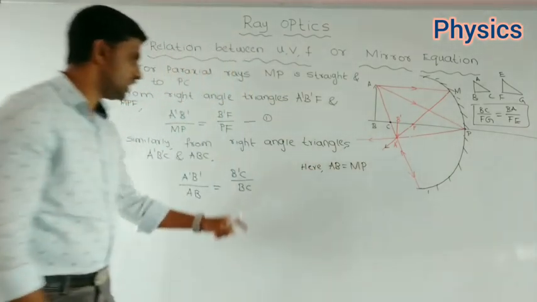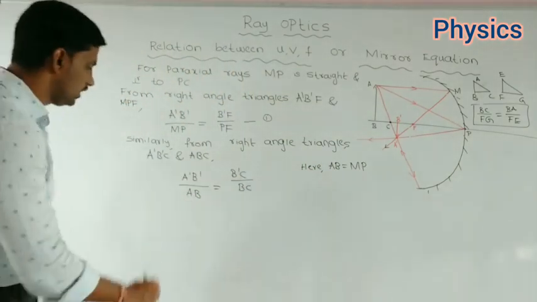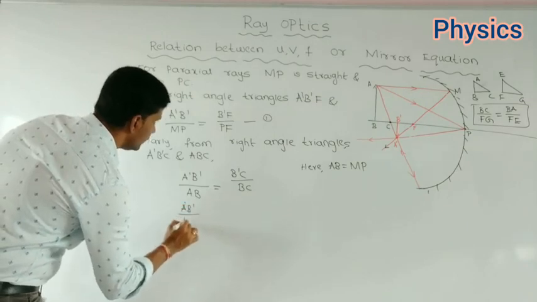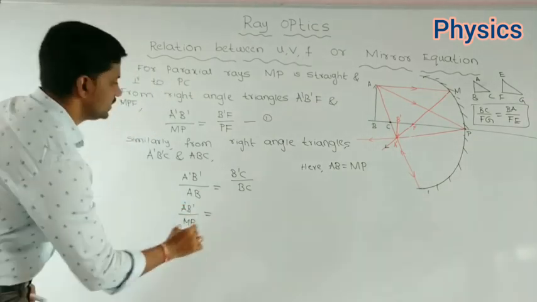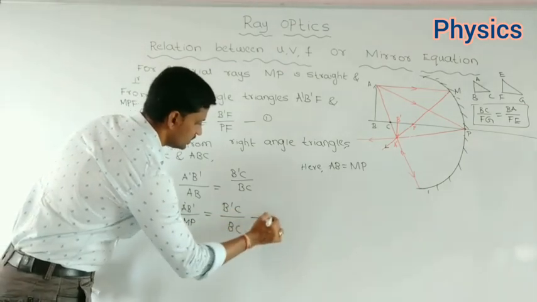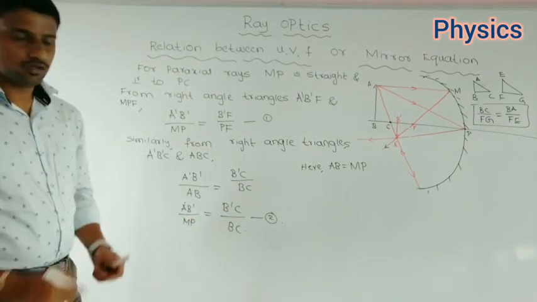If I substitute AB equal to MP here, I get A dash B dash divided by MP is equal to B dash C divided by BC. This is equation 2.